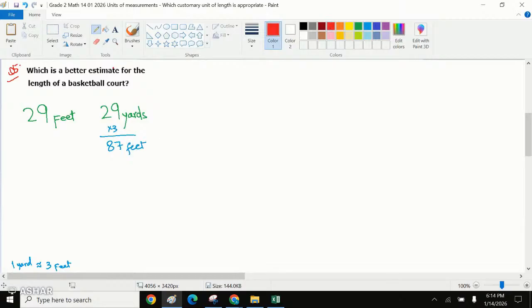And if we are talking about a basketball court, we know that from one side of the court, we have to go to the other side of the court. So the basketball court has to be 29 yards, right? Feet is a smaller estimate.